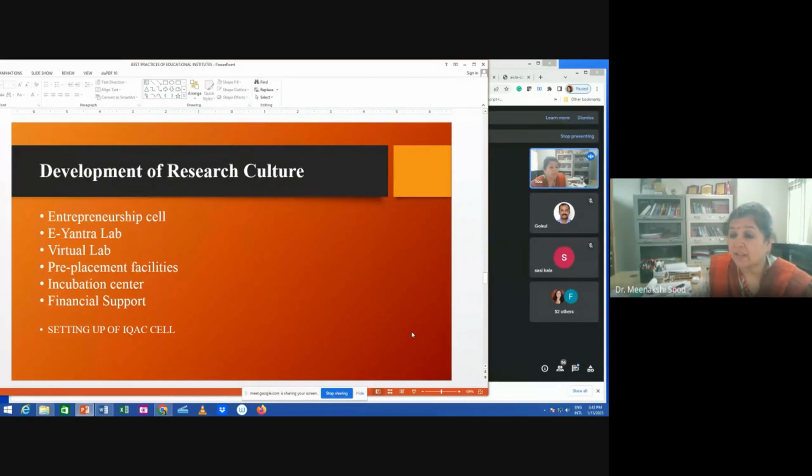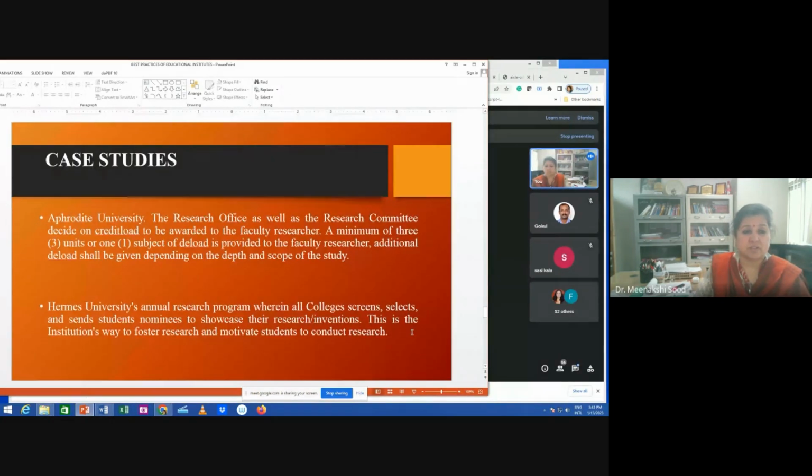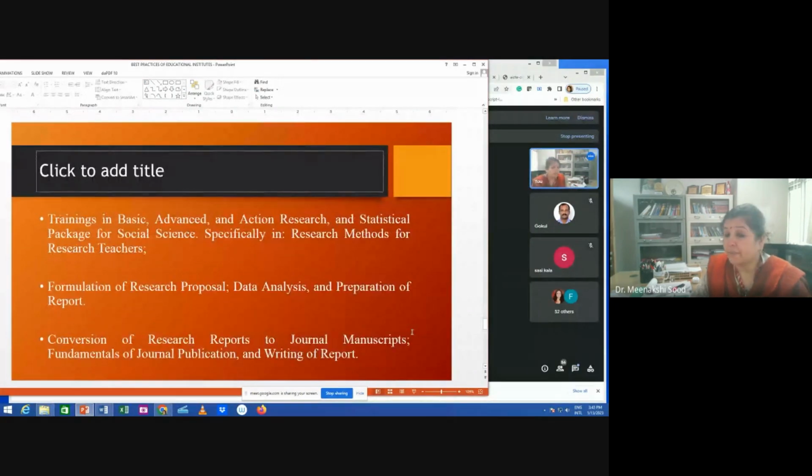Everybody has to have an incubation center in their respective colleges. So this type of enrichment also has to be part of the curriculum, right? Infrastructure and resources of administration.